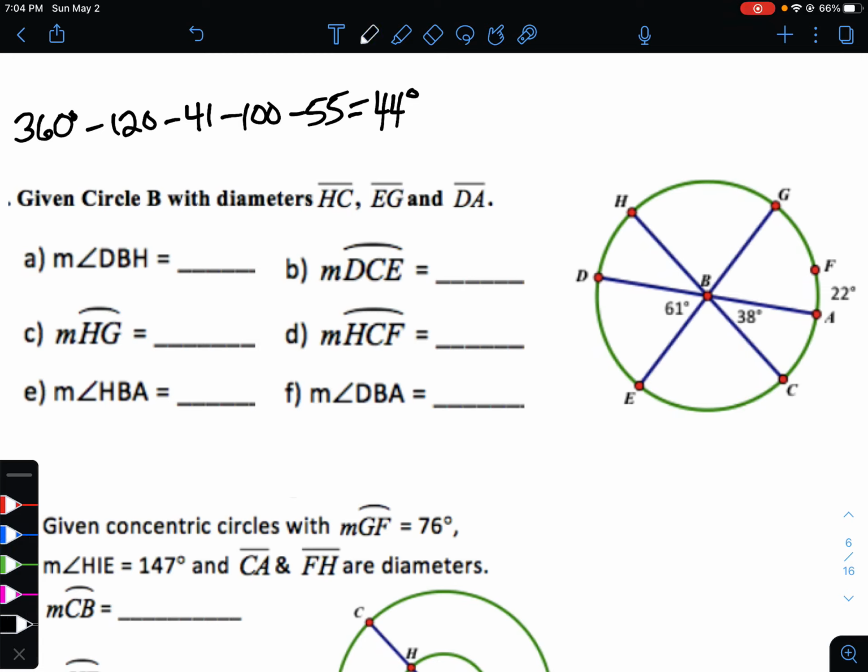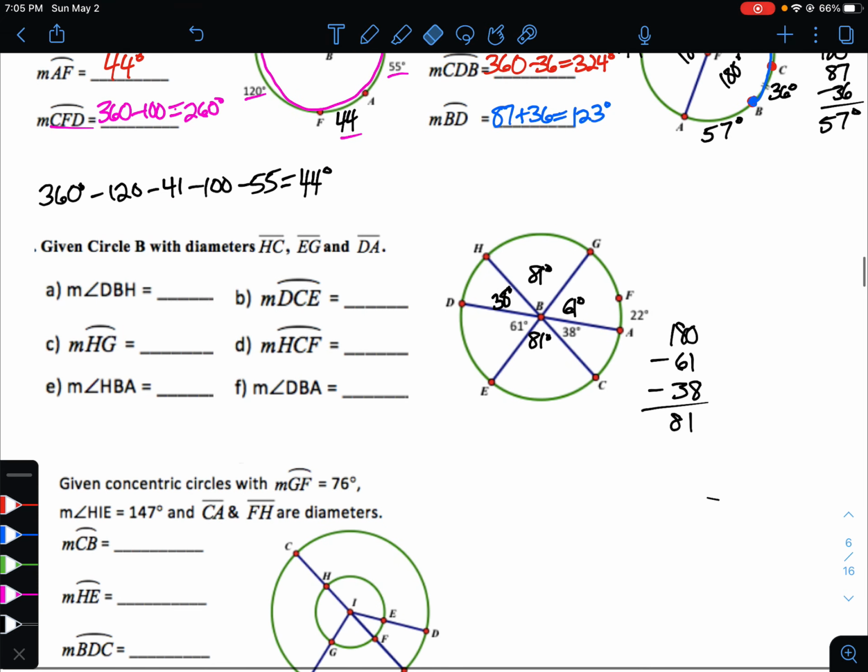And so if the entire distance is 180, if we take 180 minus the 61 minus the 38, which are both angles that we know, we should get our missing angle, which turns out to be 81 degrees. And the nice part is once we found one of those, just go across the circle to the other one, which also has to be 81 degrees. And now we've got all of our angles that we should need to work with.